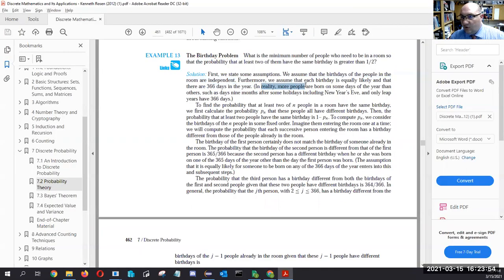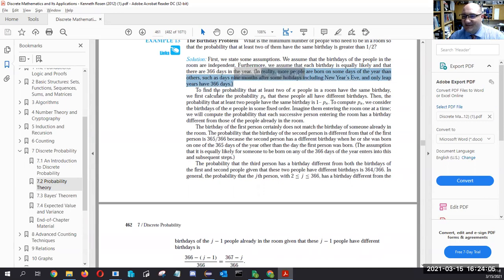More people are born on some days of the year than others, such as days nine months after holidays. Fun family fact, right? Things you don't expect to see in a discrete structures book.